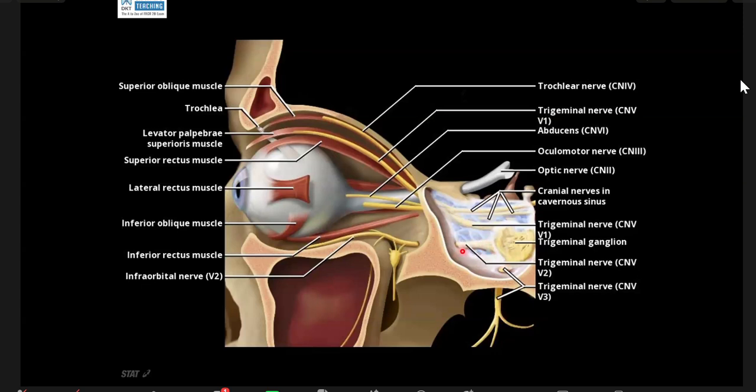V2, after passing through the cavernous sinus, passes into the foramen rotundum and goes here, and this is the pterygopalatine fossa, where it produces a ganglion. And we are going to cover this anatomy, the pterygopalatine fossa. Now, the rest of the nerves which are sitting inside the cavernous sinus go through the superior orbital fissure into the orbit.